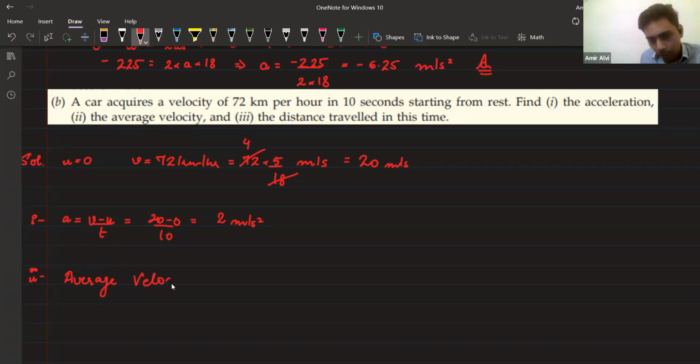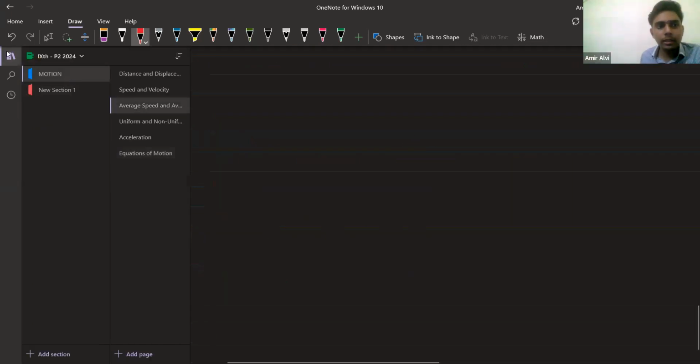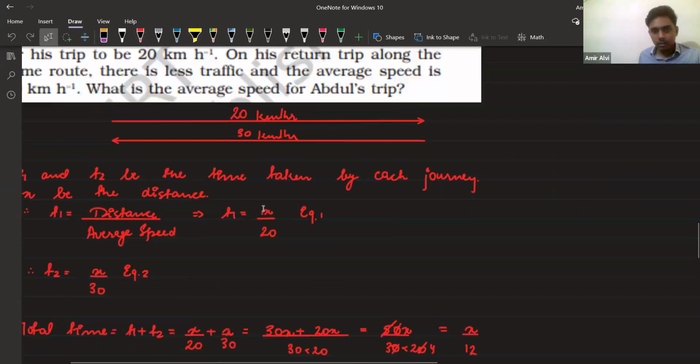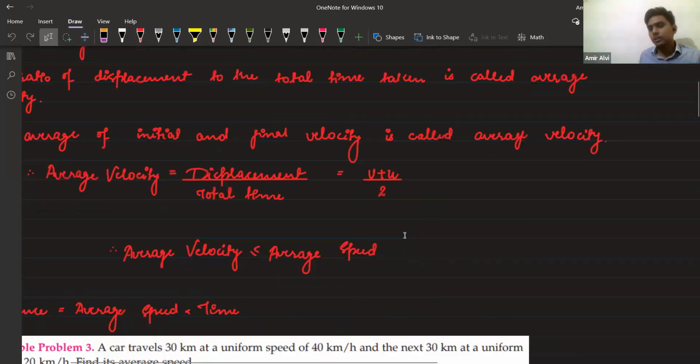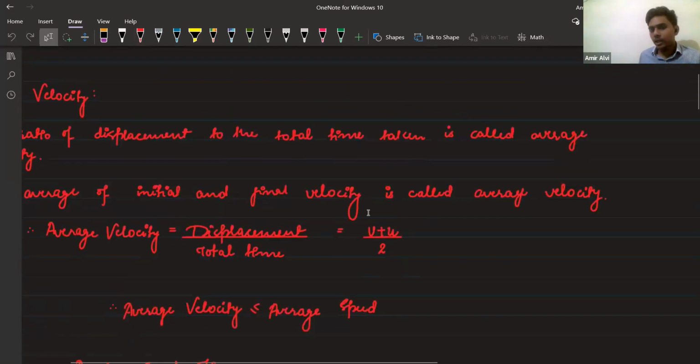I've told you a formula in the average speed and velocity part. When the velocity is changing uniformly, you have to add the initial velocity and final velocity. Basically, you have to take the average of initial and final velocity. How many of you have remembered this? See, I have written this formula here: v plus u by 2.